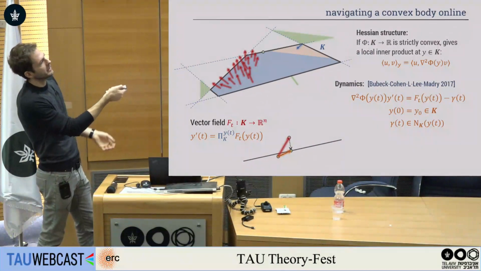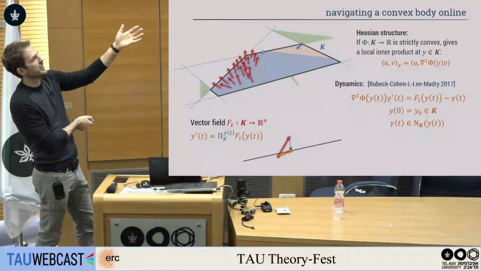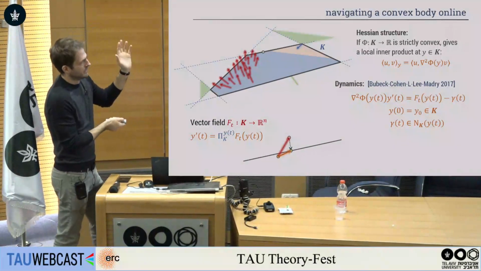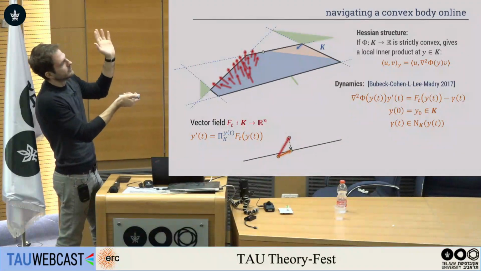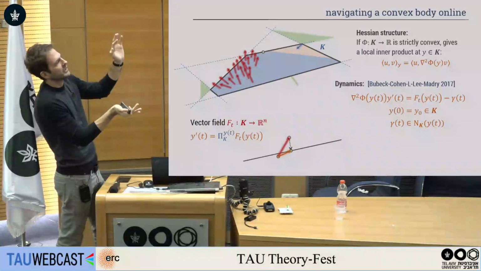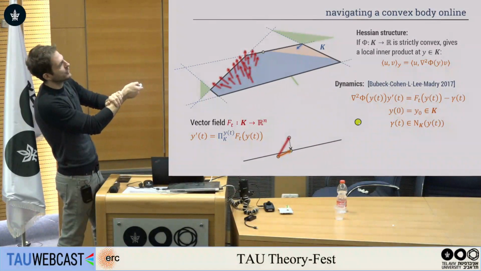Okay? And then it doesn't matter, you don't have to read this differential equation, but there's an explicit closed form for the dynamics, assuming some sufficiently nice properties of your convex body. When I say sufficiently nice, they're mild properties of the convex body and the functional phi.